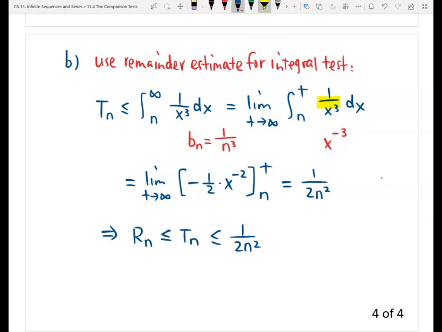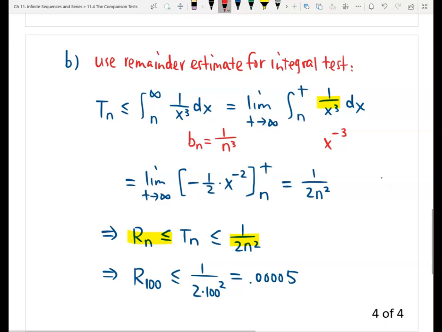Therefore Rn is controlled by this term. Finally, n is 100, so the error, or the remainder R100, is controlled by 1 over 2 times 100 squared. You do the calculation and get 0.00005. This is the answer. That's all. Thank you.